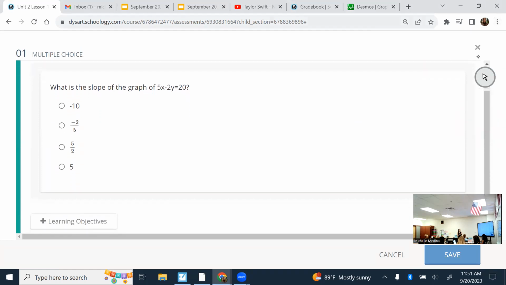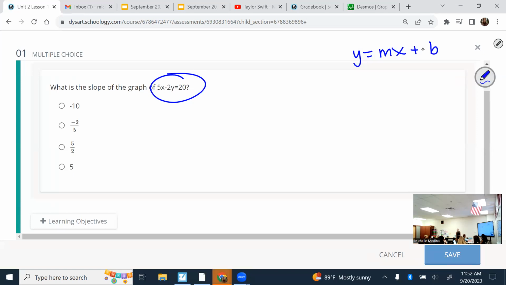That would be to rearrange this, which is in standard form, into slope-intercept form. So what's the slope-intercept form formula? y = mx + b.